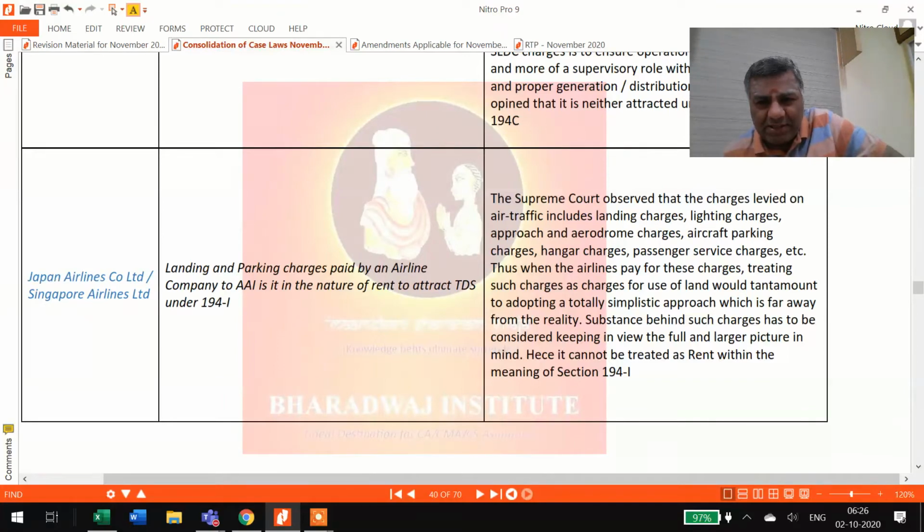Substance behind such charges has to be considered, keeping the full and larger picture in mind. Hence, it cannot be treated as rent.